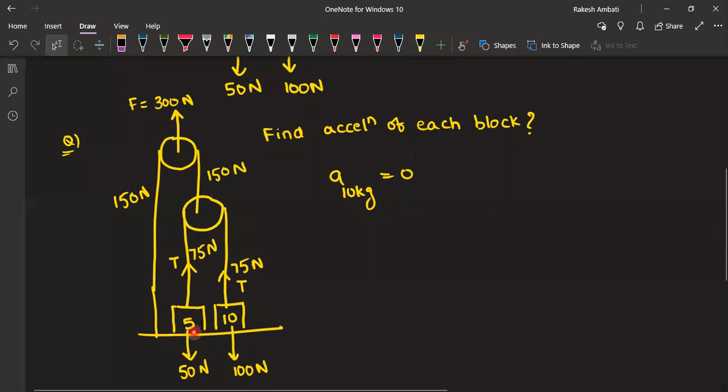And in the case of the 5 kg block, minimum we require 50 newtons to lift.